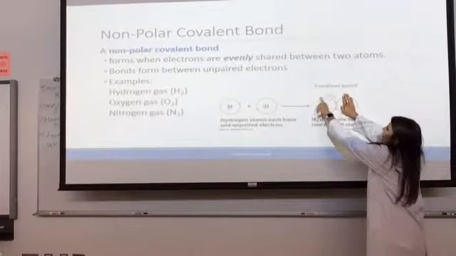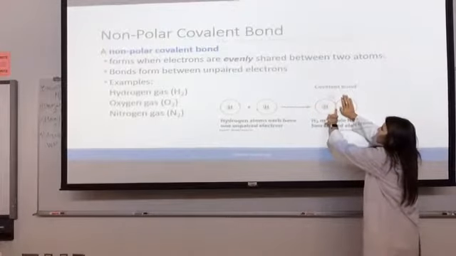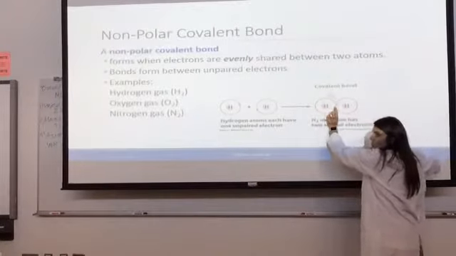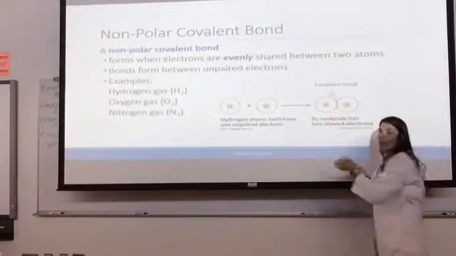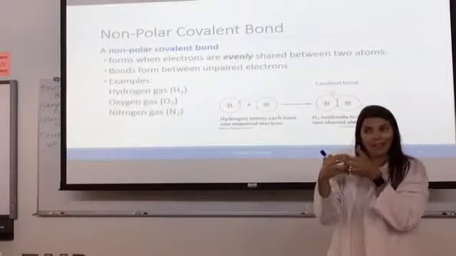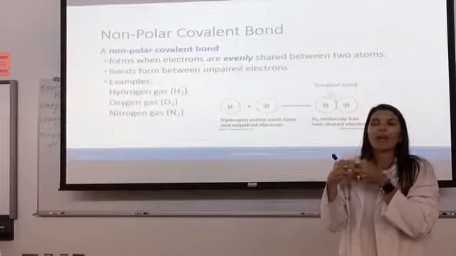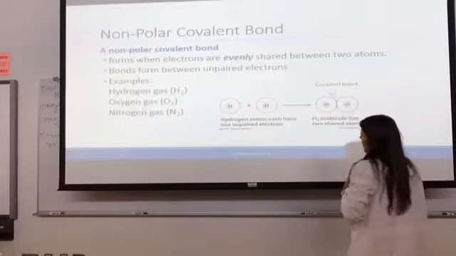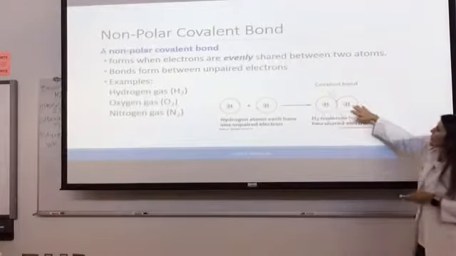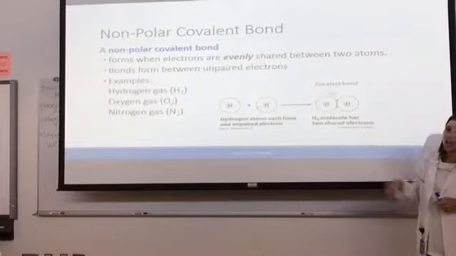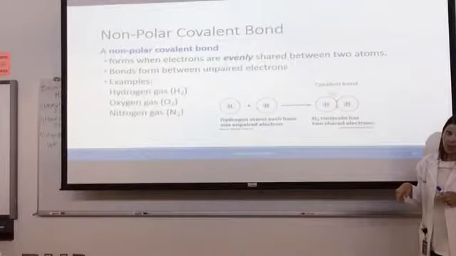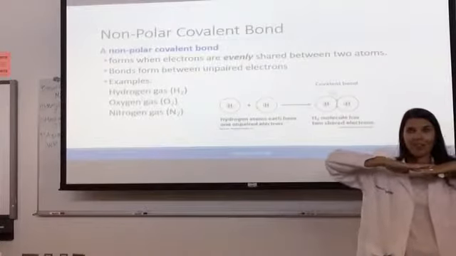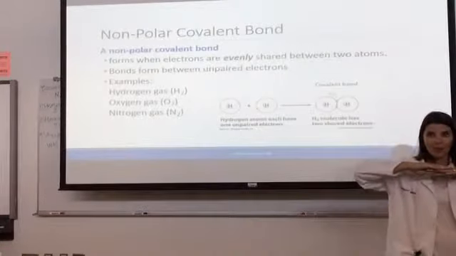When you look at this right here, it has two electrons. And when you look at this right here, it has two electrons. But they are sharing them. They are physically connected. This is a covalent bond. And because those electrons are evenly shared, this is linear. Here's a part that I'm adding that's not on this slide.